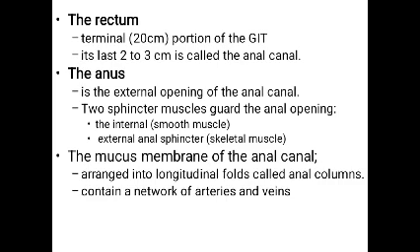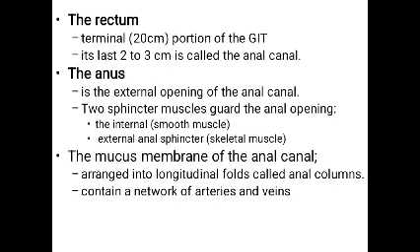The rectum is the terminal 20 cm portion of the GIT. Its last 2 to 3 cm is called the anal canal. The anus is the external opening of the anal canal. Two sphincter muscles guard the anal opening: the internal sphincter, smooth muscle, and the external sphincter, skeletal muscle.